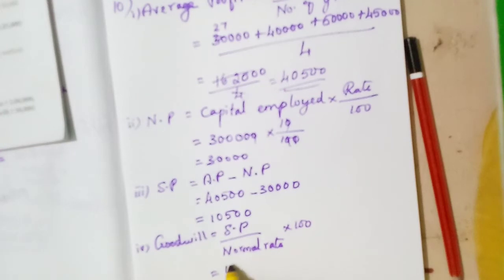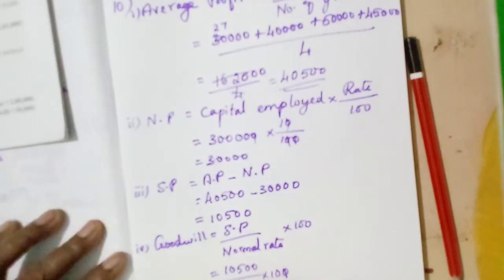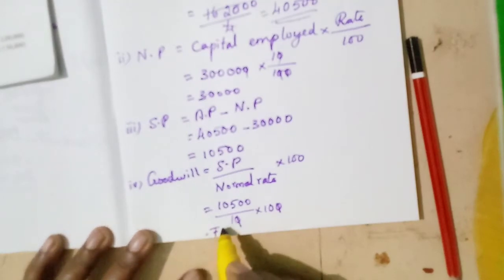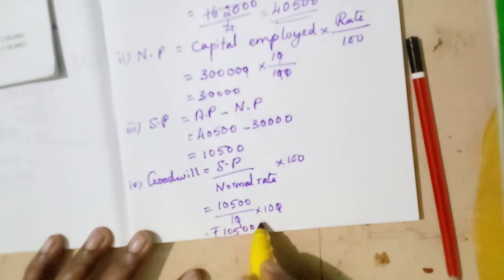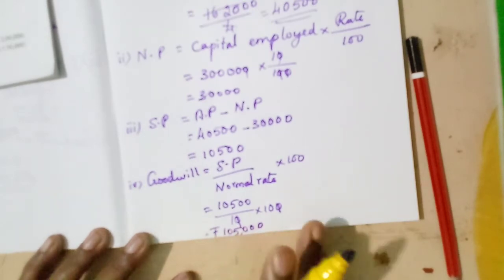Super profit 10,500, normal rate of return 10, into 100. So rupees 10,500, one more zero. So 1,05,000.